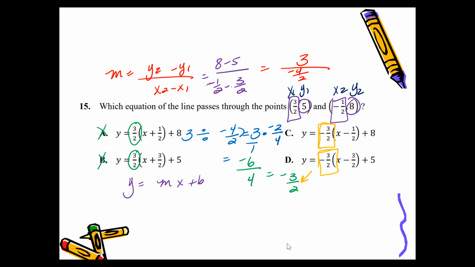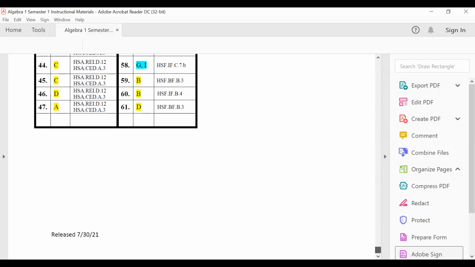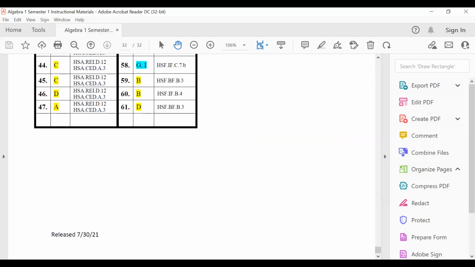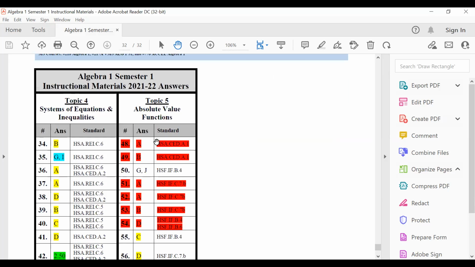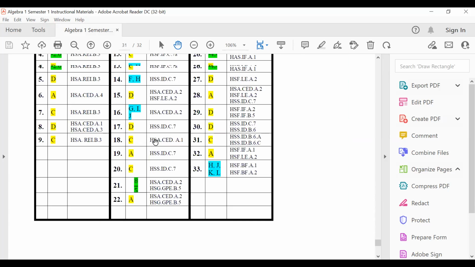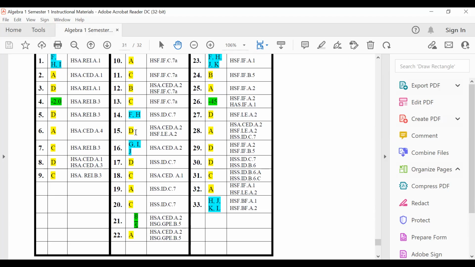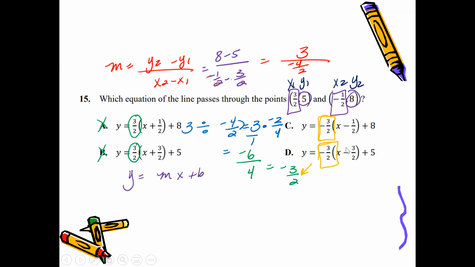So let's go ahead and open that up. I'm going to scroll down to the bottom. This is question number 15. So let me take a look. For question number 15, the correct answer is D as in dog. That's what it's saying. So I'm going to go back to my answers here and ask, why is this one D as in dog? So let's take a look at this.